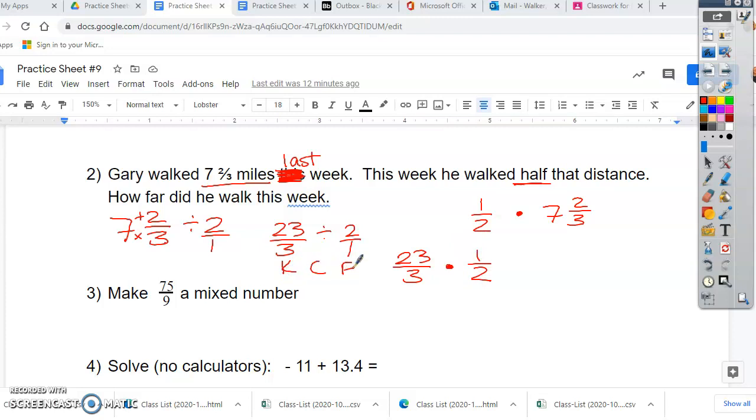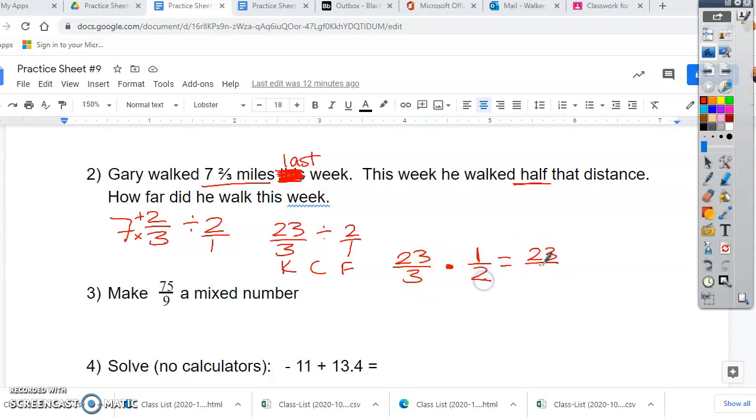Okay, so notice if I was to make this improper, guys, 23 over 3, get rid of that for a second. Notice we're really doing the same thing, okay? So either way you do it, I can say half times or I can say divide by 2. It's the same thing. You will get the same answer. So what you notice here is every number is prime except 1. That's neither. Remember, 1 and done. So I'm just going to multiply 23 times 1.